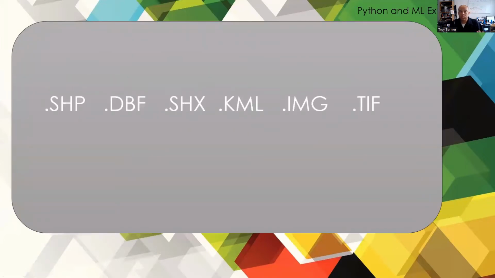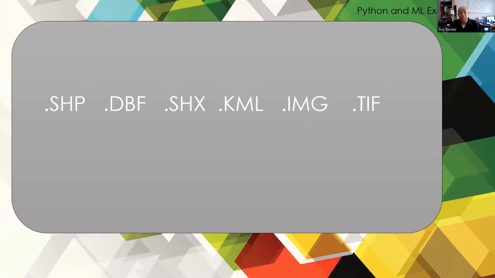So for our file formats, let's take a look at the data. We've got shapefiles, we have database files. These are more like shapefile indexes. This particular one is a Keyhole Markup Language. Some of you folks that use Google might be familiar with this.